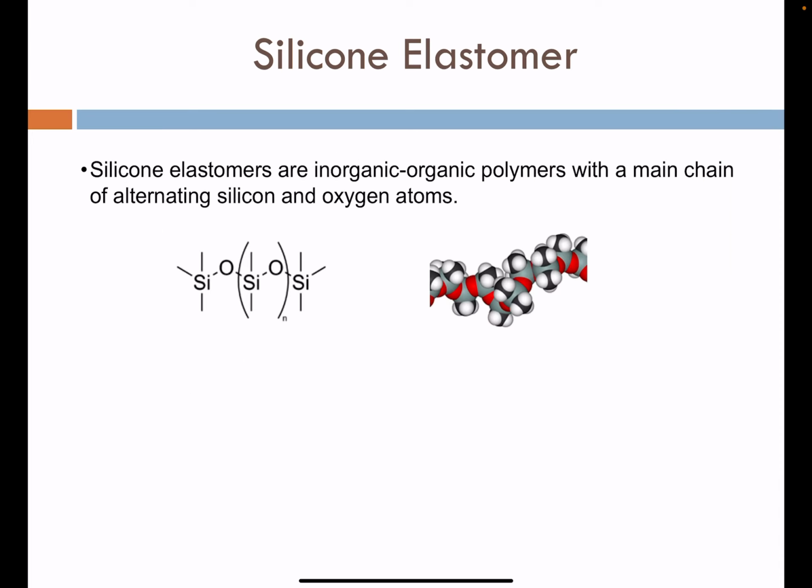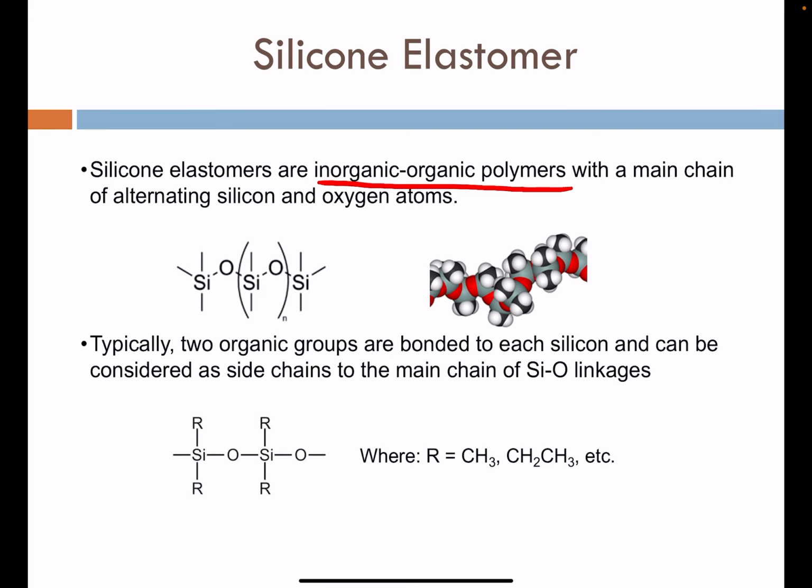So as we mentioned a moment ago, silicone polymers are an inorganic-organic polymer due to the presence of the silicon and oxygen features in the main chain, and those side chains, here shown as a generic R group, must be present as well. And some of the more common options there are methyl CH3, ethyl CH2CH3, even phenyl, which would be C6H5, an appended benzene ring.